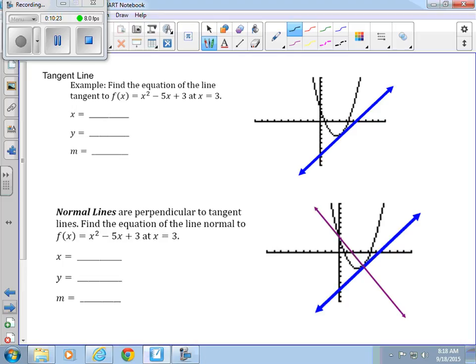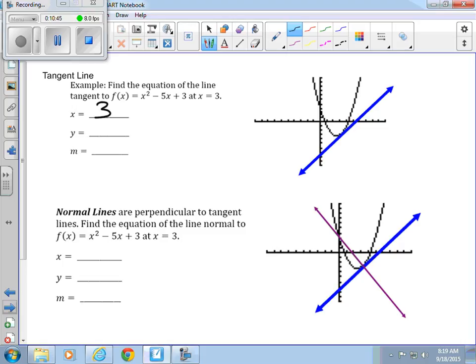To write the equation of a line, I need a slope, and I need a point. Or y-intercept, if we have it, we'll take it. But I don't have to have a y-intercept, any point will do. So, I'm going to find a slope and a point, and I'm going to use that to write the equation of the tangent line. Well, it tells me the x value of my point.